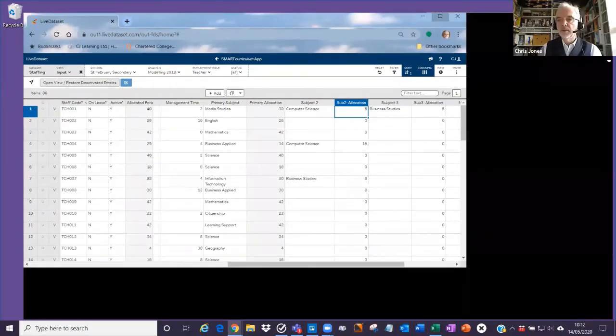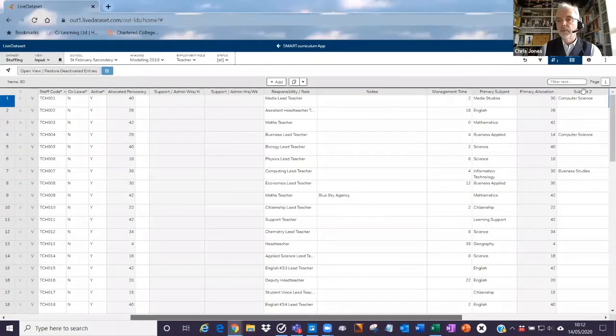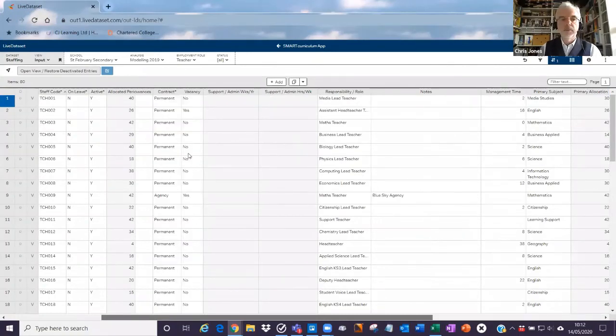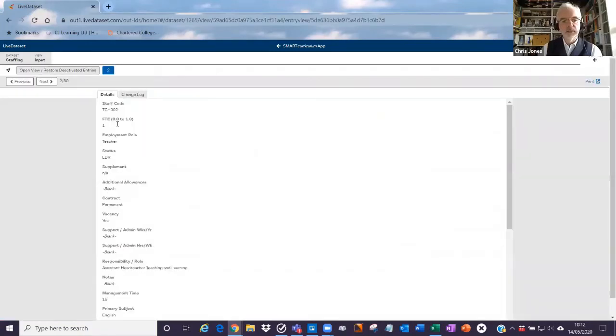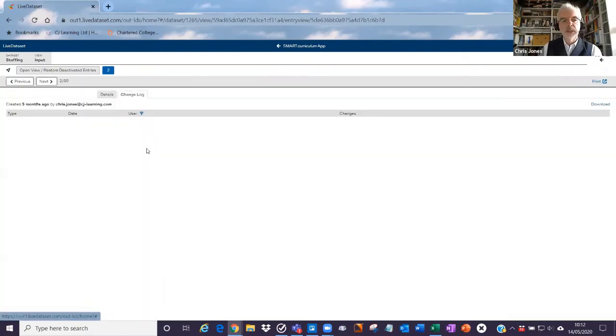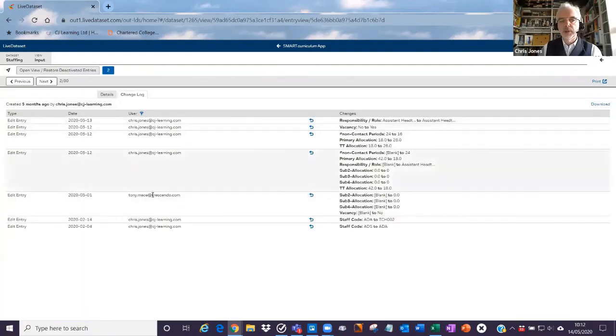You have that information here. While I'm here, I'll also just say, if I view this cell, I can see the detail of teacher 2 here, but I can also see who's changed all of the detail. I was going to mention that earlier. So I can see that people have made alterations to this data.